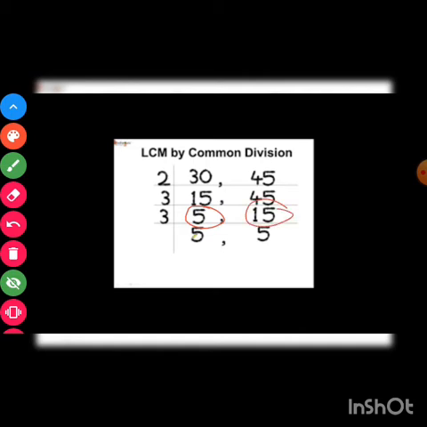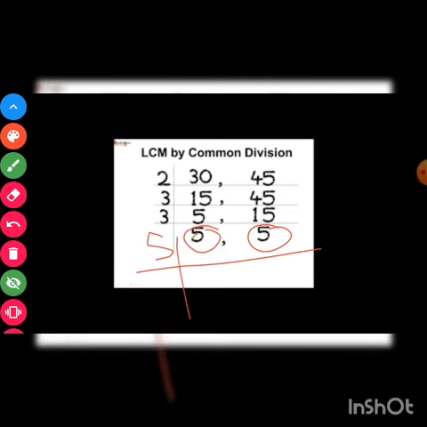Now 5 and 15, you see 15 is divisible by 3. So let us divide it by 3. So the quotient will be 5. Now finally both numbers have the quotient 5 and 5. Now let us divide by 5 and you will get the quotient 1. Now finally, whatever common factors we have taken here, we will multiply now.